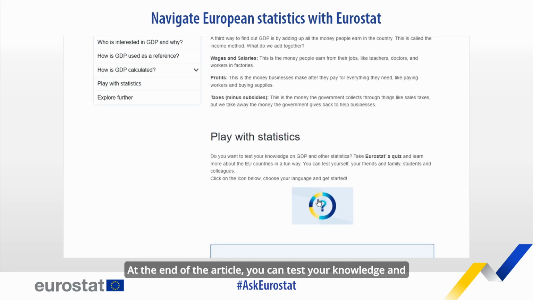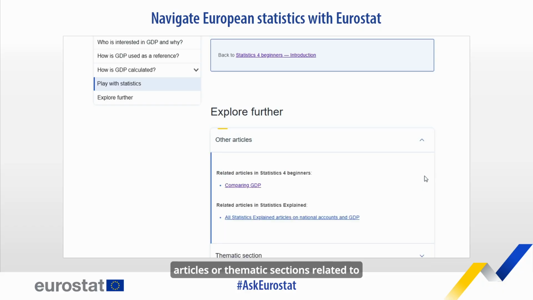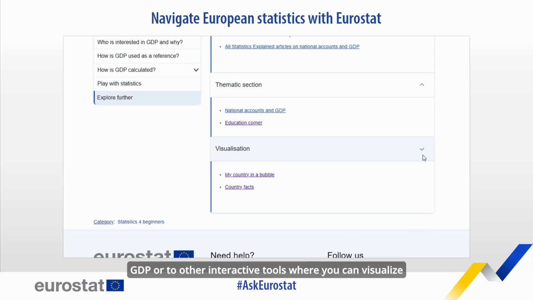At the end of the article, you can test your knowledge and play the Eurostat quiz to see how much you know. And from here, you can also move to other articles or thematic sections related to GDP or to other interactive tools where you can visualize and play with GDP statistics.